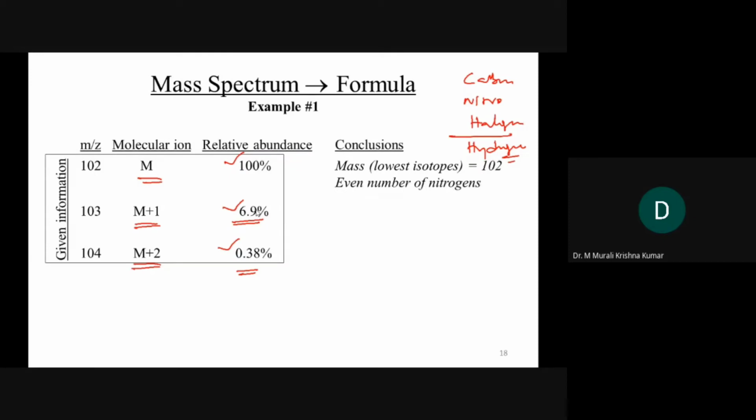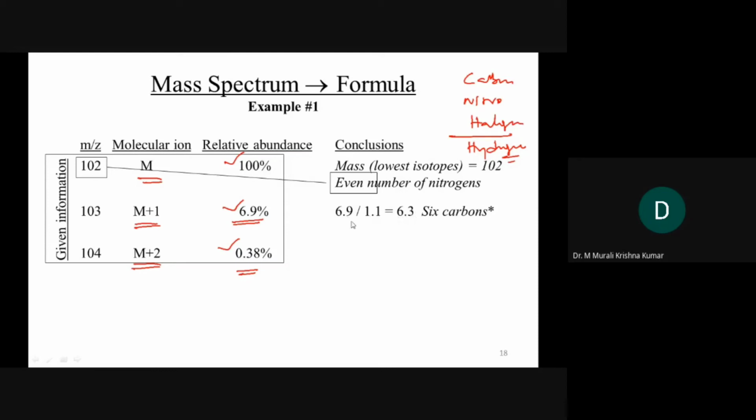Now 102 is even, so there is a possibility. Let's say if nitrogens are there, then what is the possibility? Nitrogens can stay in even number. Even numbers of nitrogens can be there. 6.9 is the relative abundance of M plus 1. So what did we learn in the earlier discussion? If you divide the relative abundance of M plus 1 by 1.1, we will get the possible number of carbons.